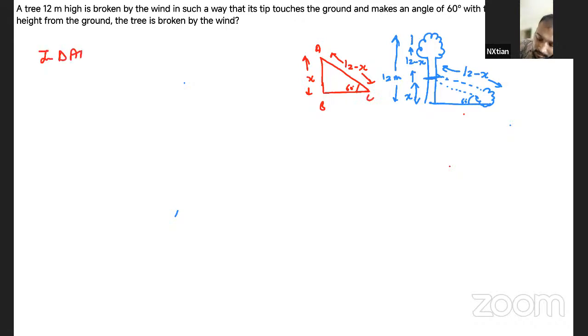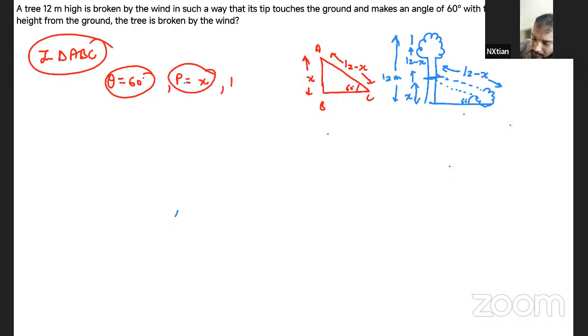In triangle ABC, theta is 60 degrees, perpendicular is x, and hypotenuse is 12 meters. Okay. Now what do we have to calculate? We have to check the trigonometric ratio in which hypotenuse and perpendicular are related.